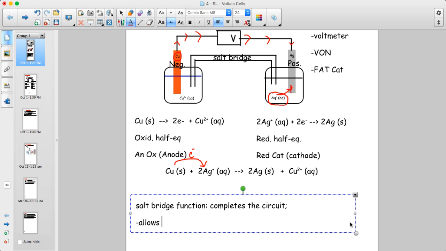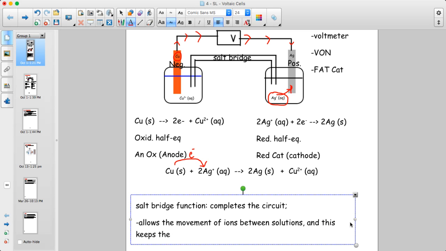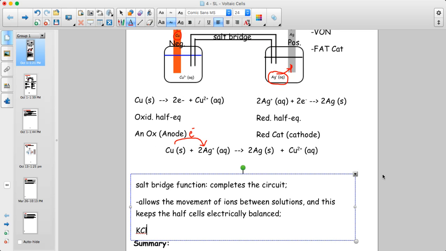It allows the movement of ions between solutions, and this keeps the half cells electrically balanced, so balanced for overall charge. Common things in salt bridges are potassium chloride or potassium nitrate, the two that the IB tends to use.